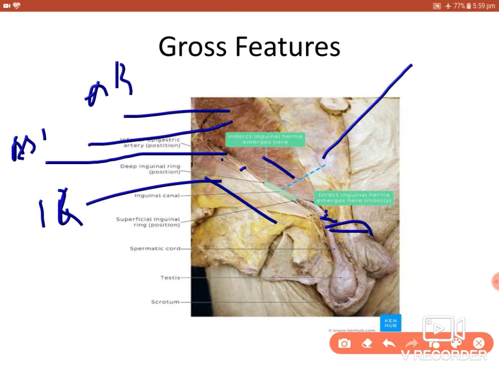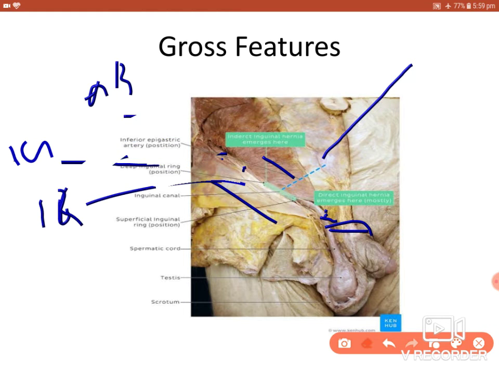This is an aponeurosis of the anterior abdominal wall muscles that forms the inguinal ligament. In the inguinal region, you can see there are two openings. One is towards the exterior and forms the superficial inguinal ring.